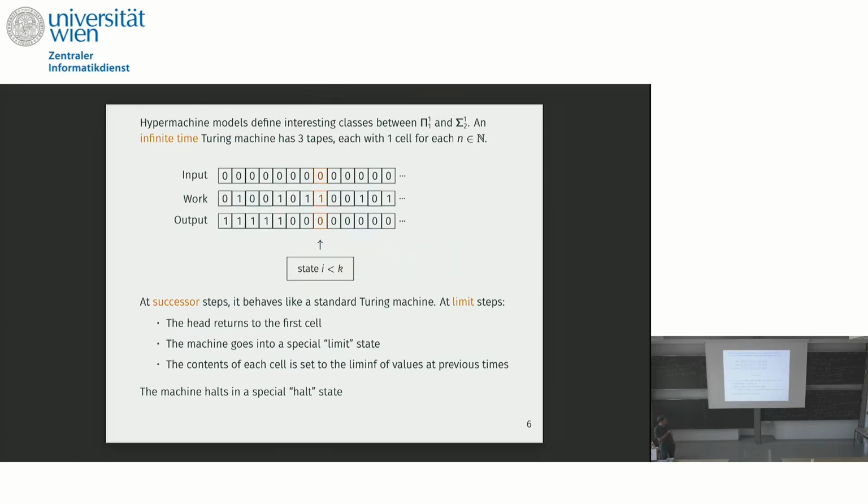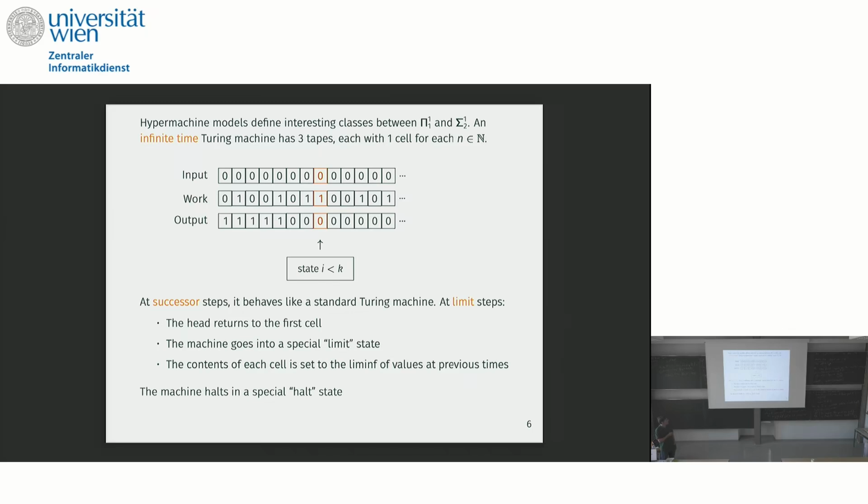And just to give a more concrete example, some people, as you know, study particular machine models that describe particular classes in between pi 1 1 and sigma 1 2. So the example is the infinite time Turing machines. So it's like a Turing machine, and we have this head that moves along the tape. It behaves like a standard Turing machine. And what does it do at limit steps?